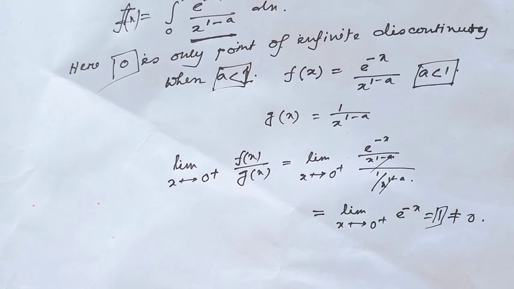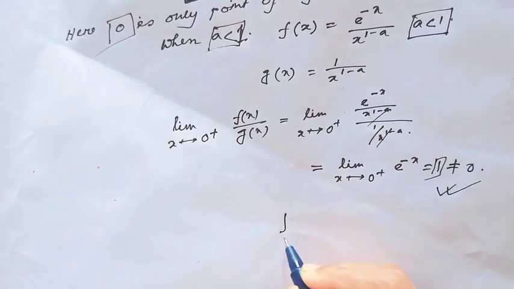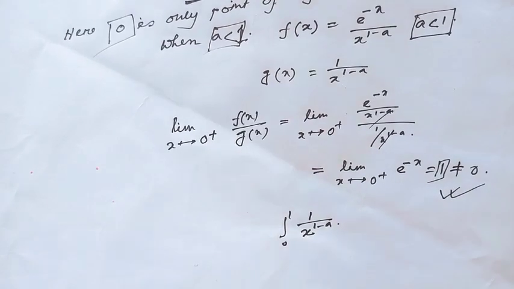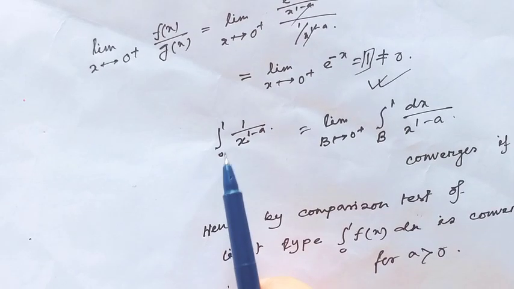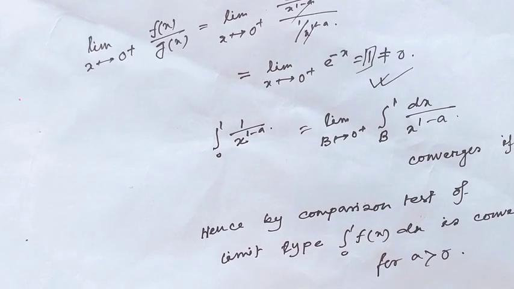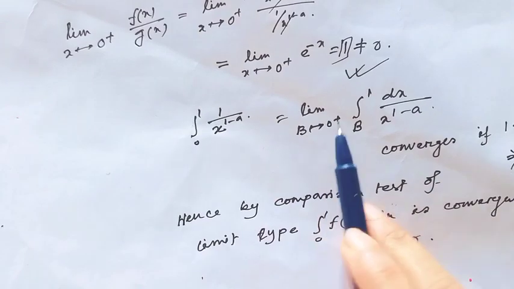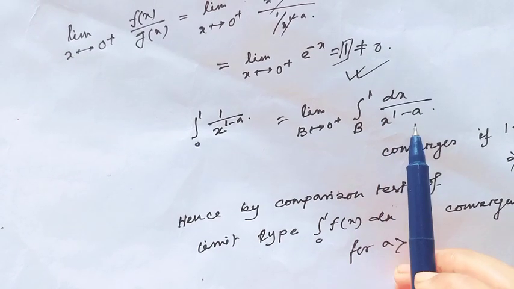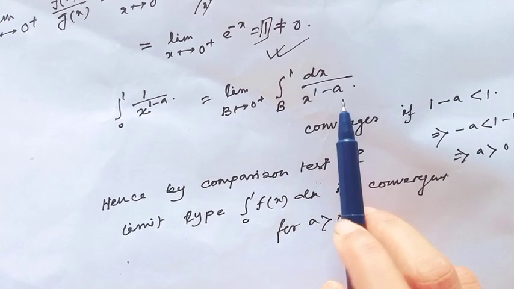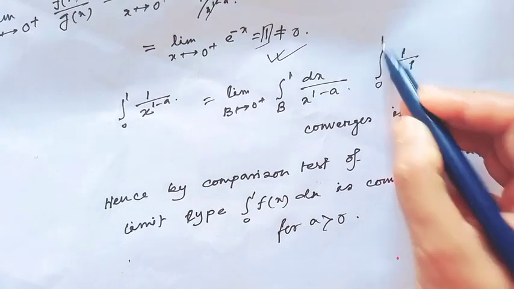Therefore, since this value is not equal to 0, consider the integral from 0 to 1 upon x to the power 1 minus a. Since here the discontinuity is at the point 0, this integral would be the limit as b tends to 0 plus of the integral from b to 1 of dx upon x to the power 1 minus a. And obviously this type of integral looks like 1 upon x to the power p, here the integration from 0 to 1.